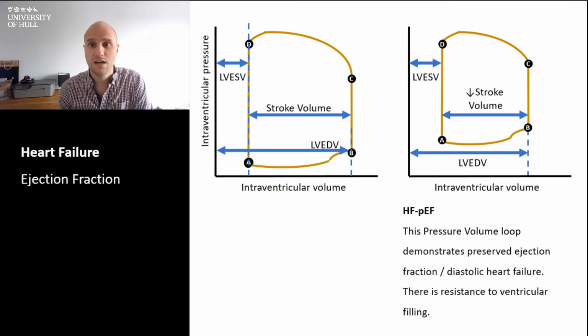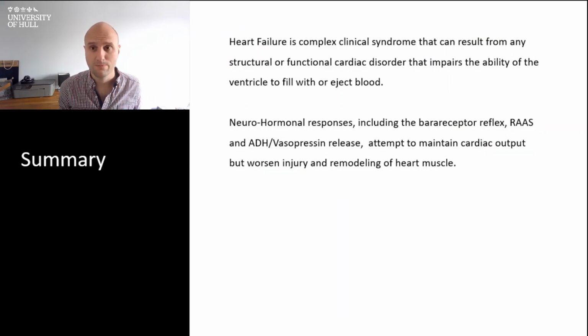The converse of this is heart failure with preserved ejection fraction, whereby, as I said, you've got this hypertrophied, stiff ventricle and you can see on this diagram we've got heightened filling pressures, and because we're not able to get in the same amount of volume during filling, that will have impact on contraction of the ventricle, and so we're going to get a smaller stroke volume. We're going to have less contractile force and less cardiac output.